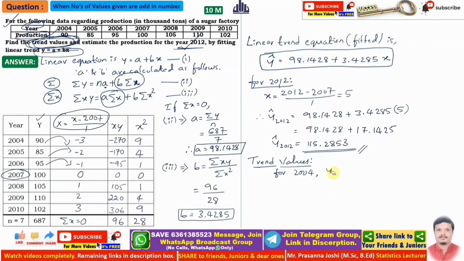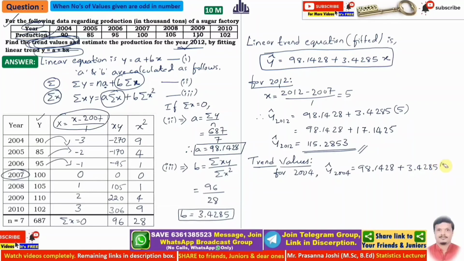So now y cap 2004 is equal to, as it is, these two terms, with x replaced by -3: 98.1428 plus 3.4285 multiplied by -3. When we perform this, we are going to get the value 87.8573.